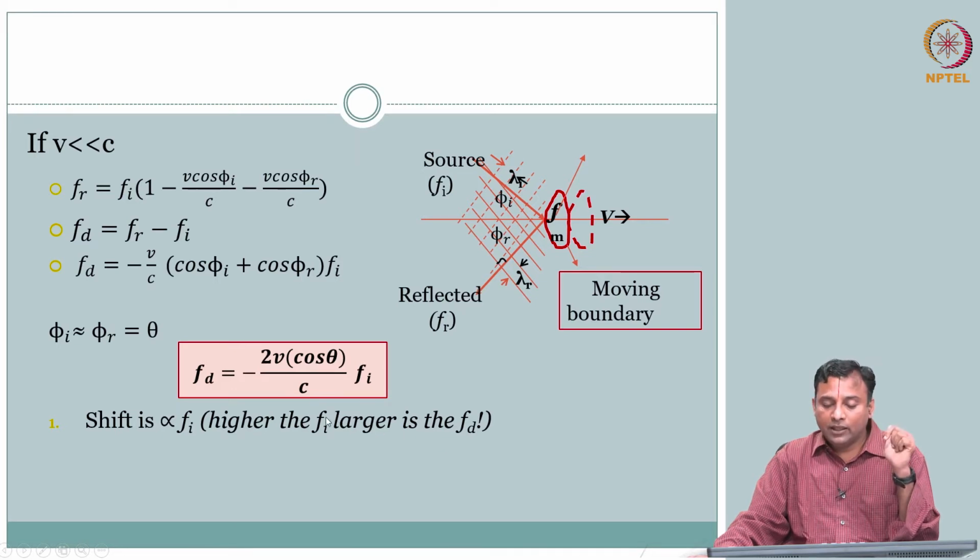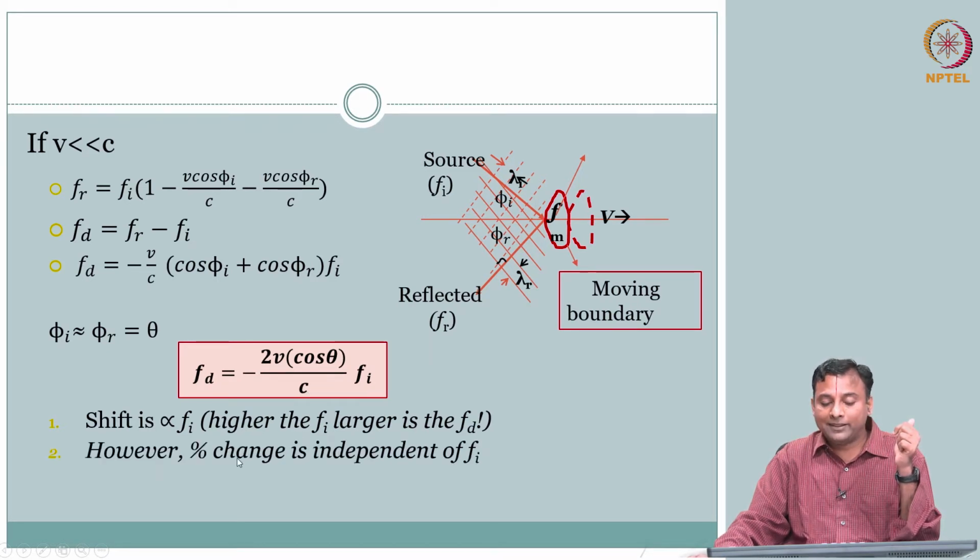But notice, however, that this part is not dependent on the frequencies. It depends only on the velocity and the speed of sound. So in some sense, the percentage change is independent of your Fi.